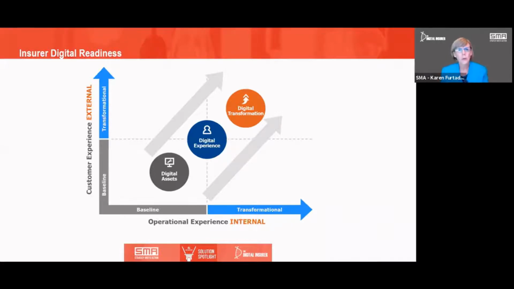CRM, future-focused core systems, document management, just to name a few. Those will start to yield some transformational experiences when you think of the digital experience. But they just lay the foundation for how you will rethink that digital interaction.